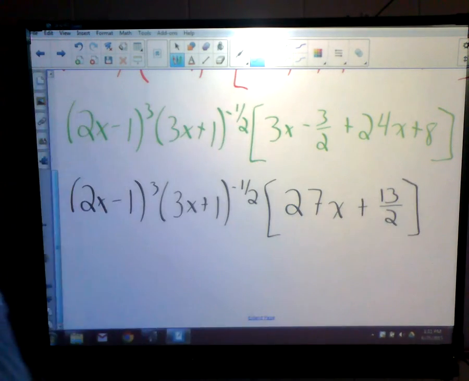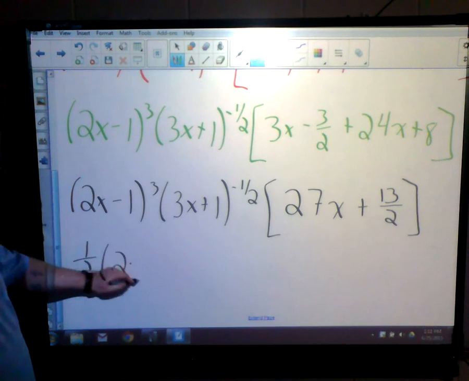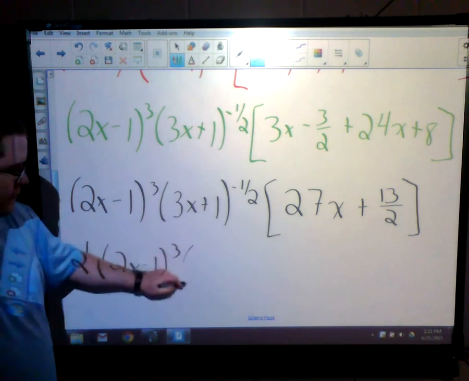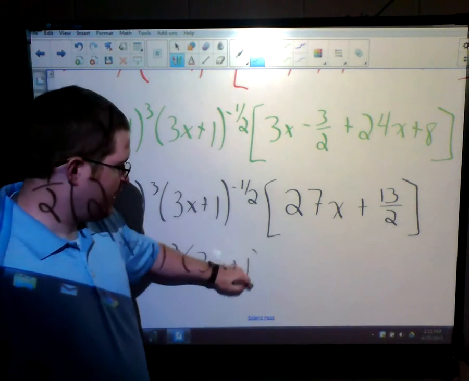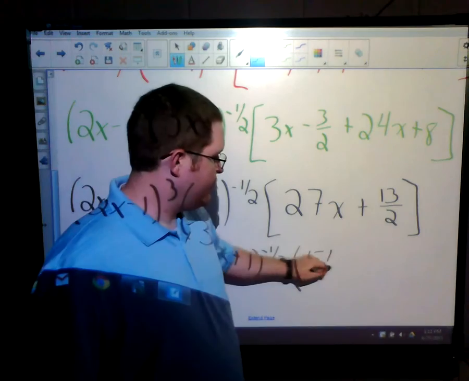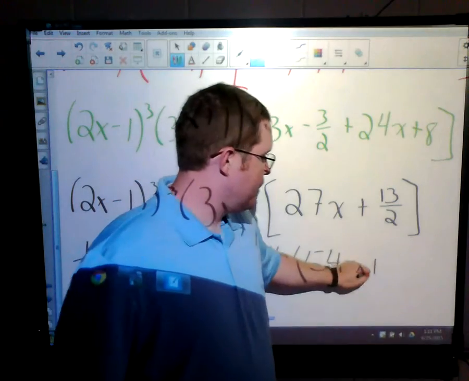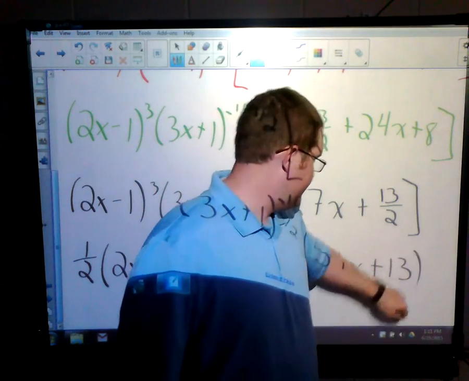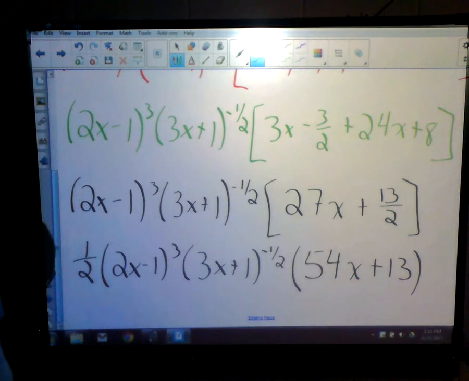Now I can't leave that last factor like it is, it's got a fraction in it. So I'm going to pull the 1/2 out of it, so I'm going to have a 1/2, 2x minus 1 to the third, 3x plus 1 to the negative 1/2. If you pull a 1/2 out, you're going to get a 54x plus 13. So that is factored.